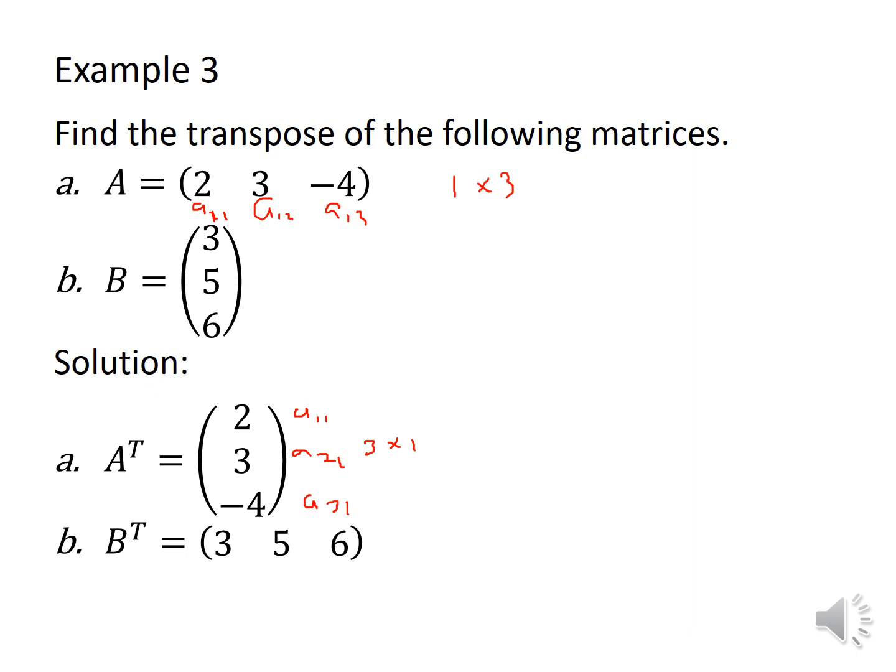For the B, this is a 3 by 1 matrix. And for the transpose of matrix B, the size of this matrix is 1 by 3. The coordinate of this element 3 is A11, the 5 is A21, and the 6 is A31.